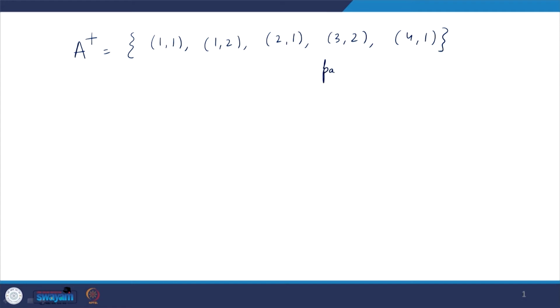Suppose you are having patterns like A plus patterns: 1 1, 1 2, 2 1, 3 2 and 4 1. These patterns are in R2, that means here n equal to 2.